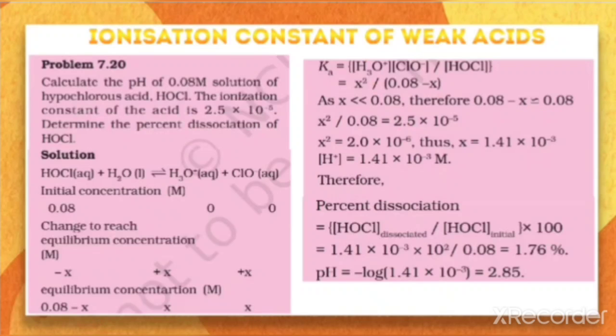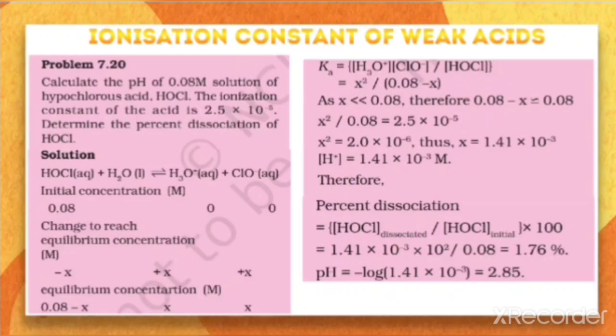So now we need to find out the percentage dissociation. How can we find out how much of the HOCl gets ionized? Percentage dissociation is the dissociated HOCl divided by initial HOCl into 100. Because we are finding the percentage, we need to multiply with 100.